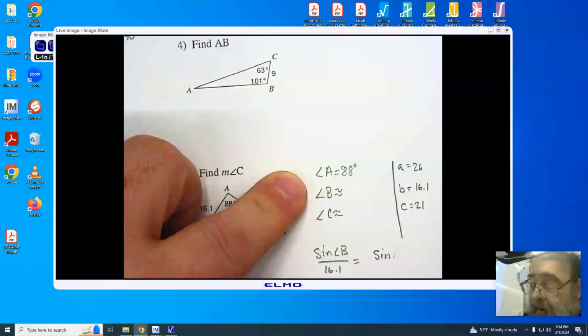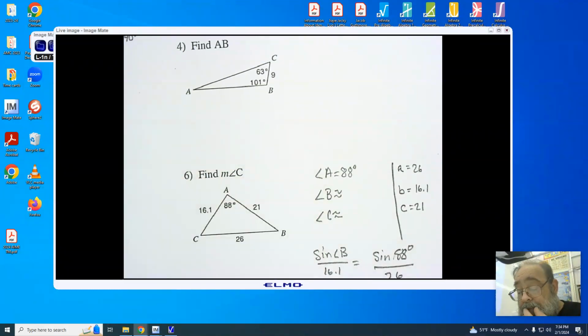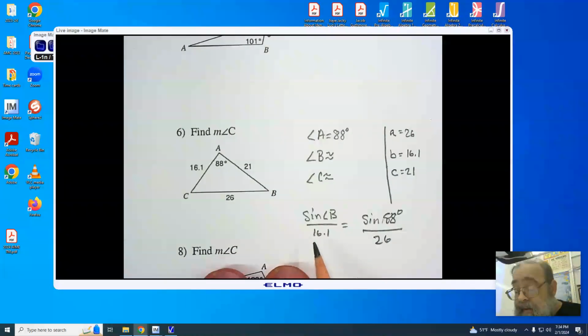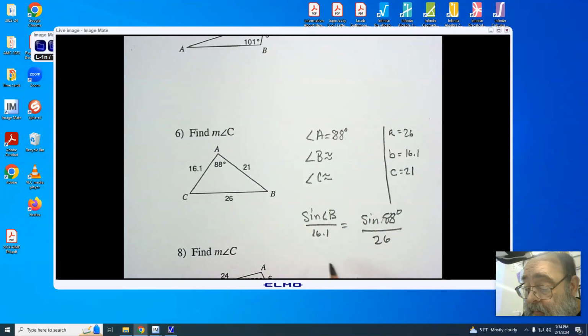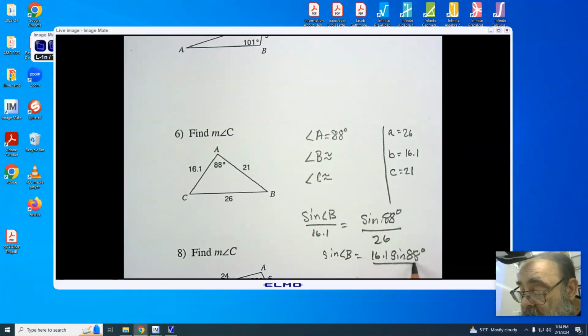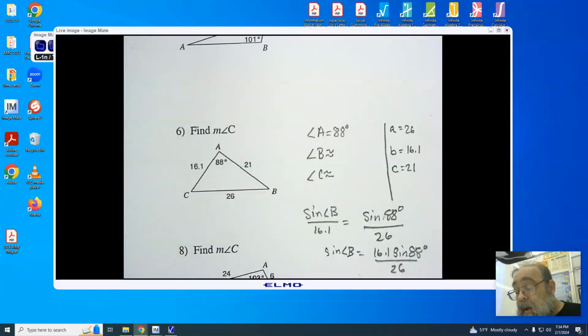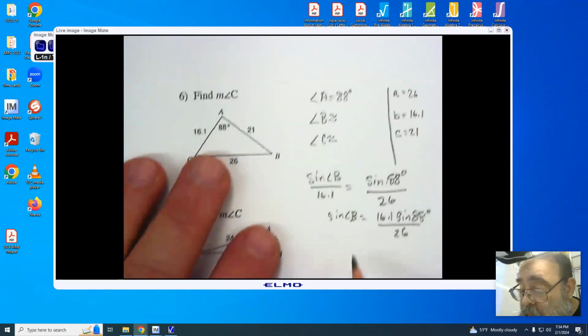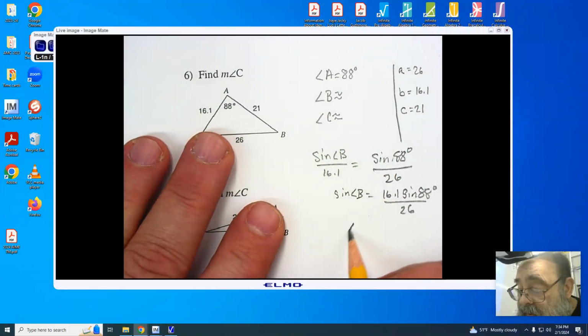Let's replace A with 88 degrees and not take it in two steps, and divide it by 26. Now you'll notice I'm going to multiply by 16.1, and I'm going to have the sine of angle B is equal to 16.1 times the sine of 88 degrees divided by 26. In order to find angle B, we will now have to take the arc sine.